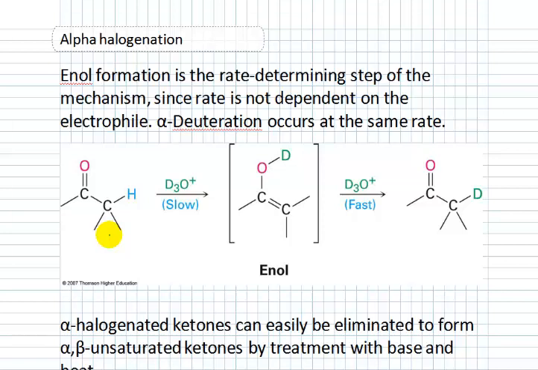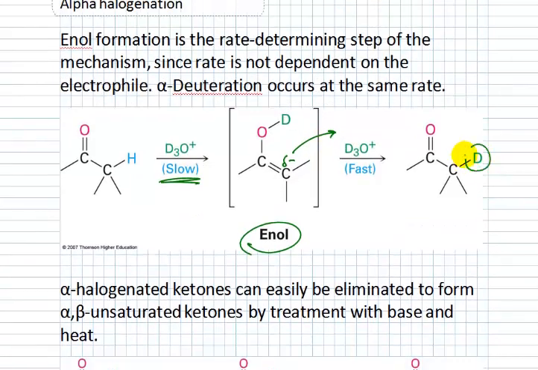So that's evidence that rate is not dependent on the electrophile, that the slow step is the enol formation. So these reactions always occur via the enol intermediate. And as soon as some little bit of enol is formed, that enol rapidly reacts from the alpha carbon going out and attacking an electrophile to do the substitution.